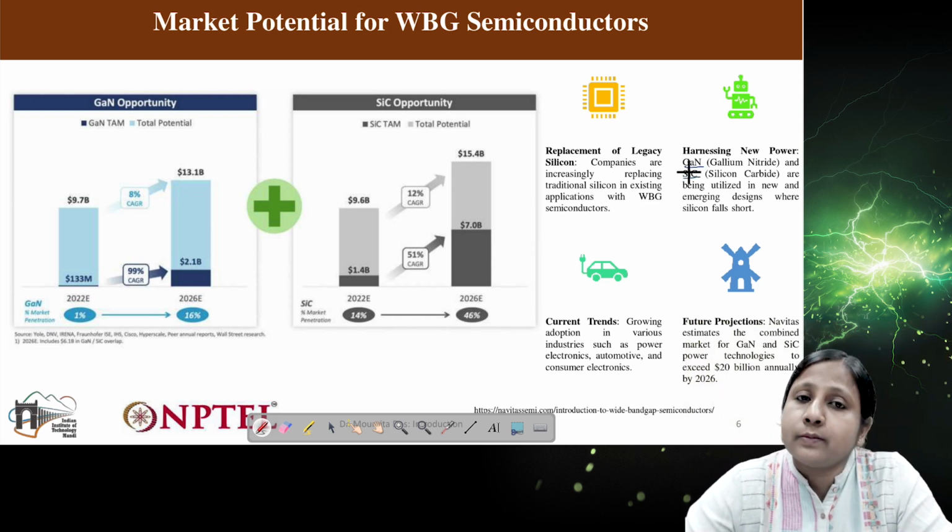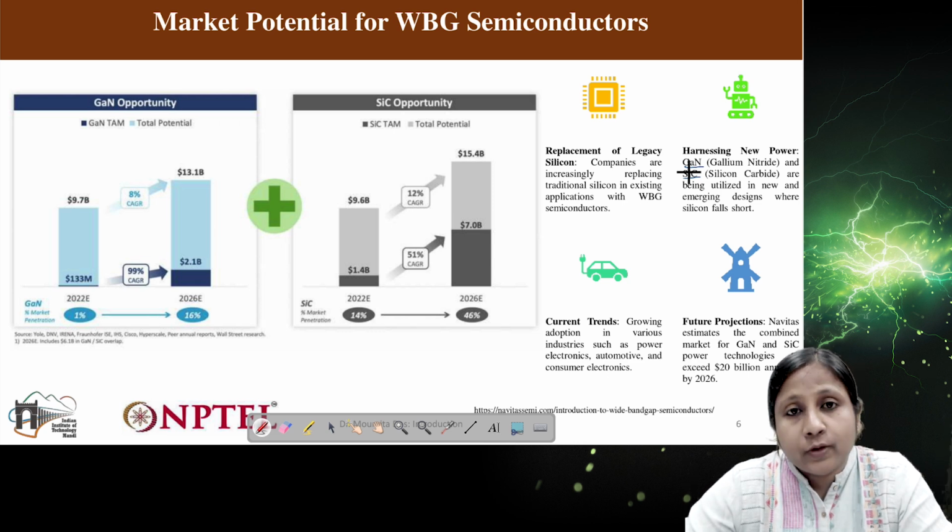There are other wide bandgap materials like diamond, which is still at research level and not yet available commercially. That is why for power electronics applications it is very difficult to find out the advantages or challenges of using those devices. So this course is limited to gallium nitride and silicon carbide type wide bandgap devices.